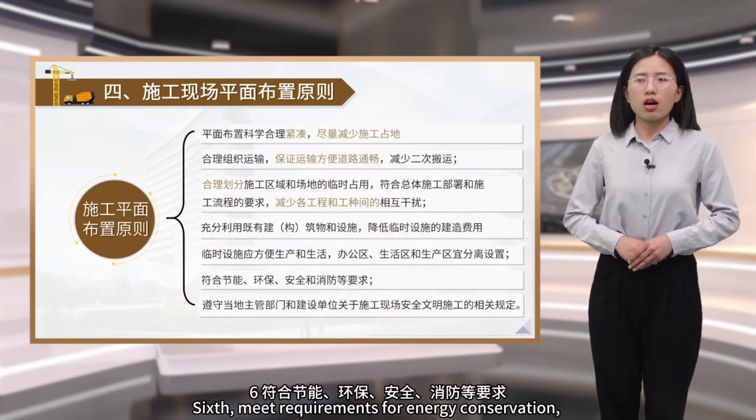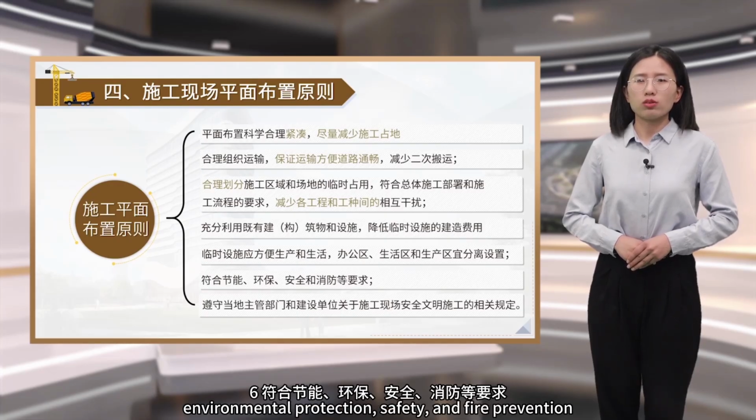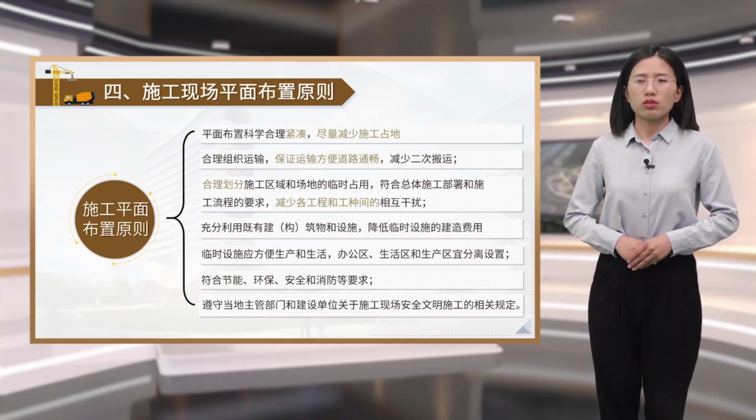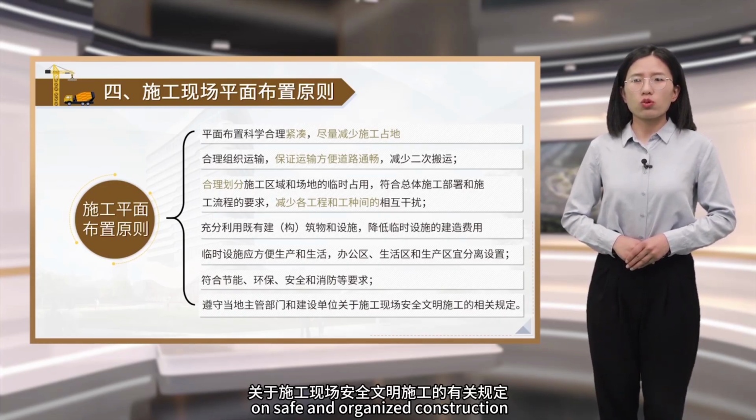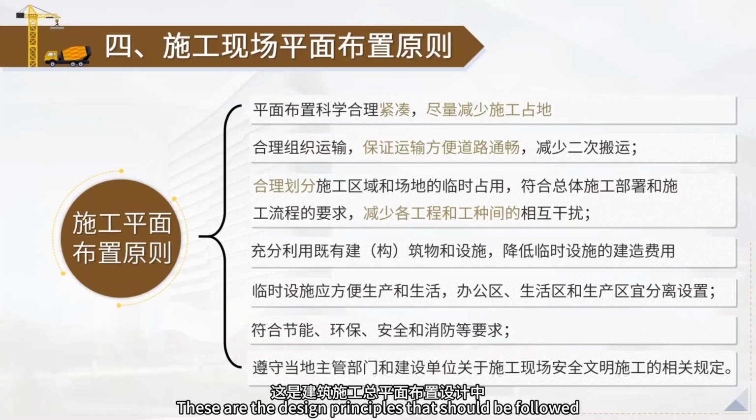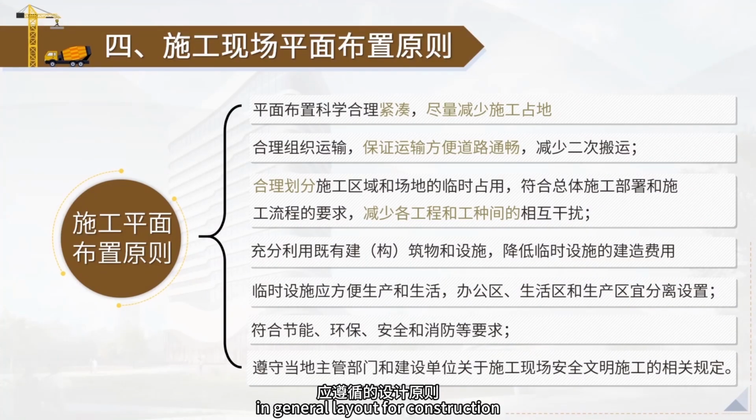Sixth, meet requirements for energy conservation, environmental protection, safety, and fire prevention. Seventh, comply with local relevant regulations on safe and organized construction. These are the design principles that should be followed in general layout for construction. In fact, as can be seen from the context, design principles and basis are interrelated.